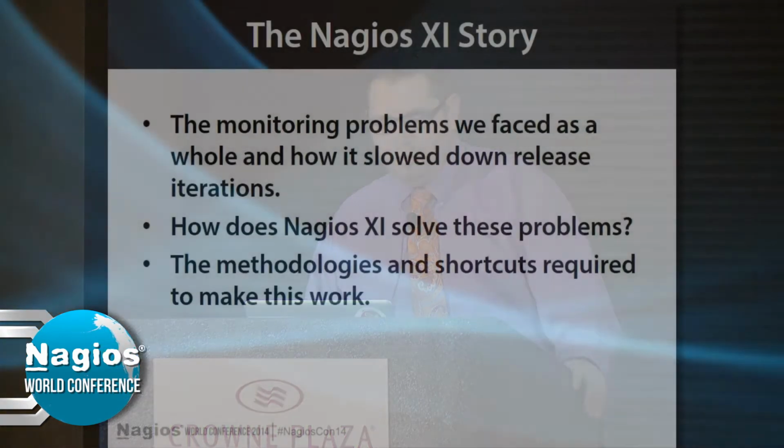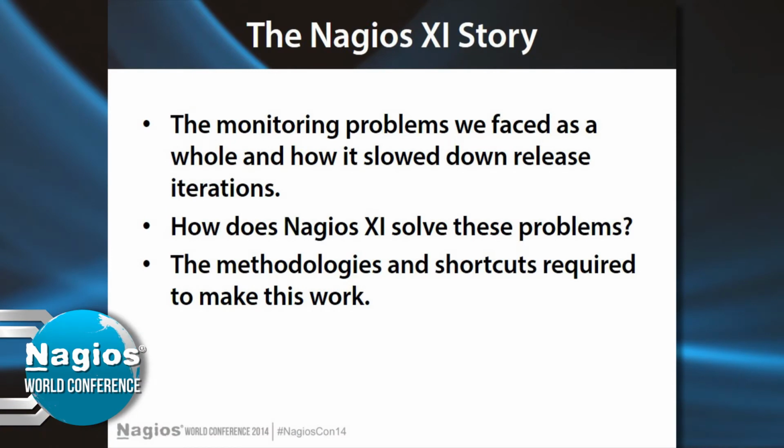All right, so the Nagios XI story at ReturnPath started off, we had these problems. The problems were mostly related to developer groups making changes to their products within the 2-week iteration and required us to change service checks, upgrade Nagios, and do things in a quick manner, even though we had other things that we had to do.